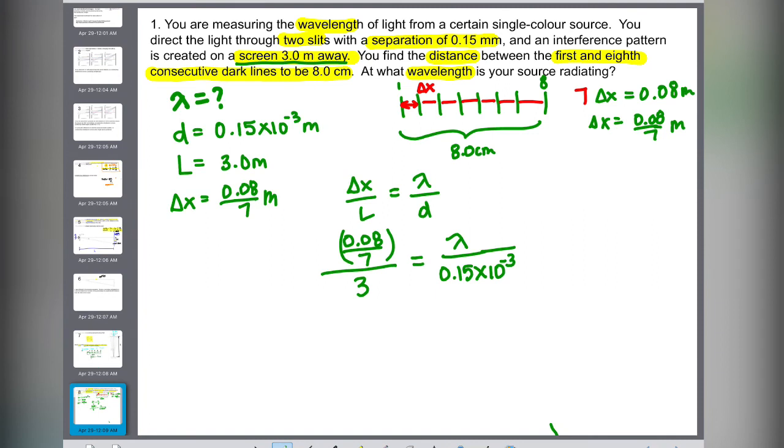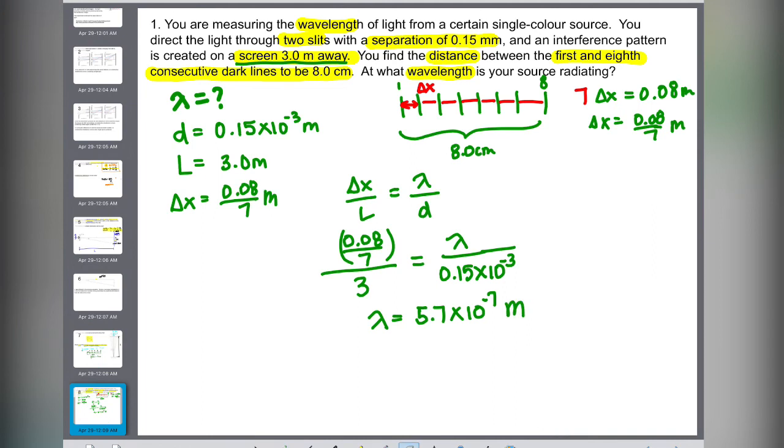So I'm going to work out 0.08 divided by 7. I'm going to multiply that by 0.15 times 10 to the negative 3 divided by 3. Lambda is 5.71. How many sig digs? 2 sig digs. 5.71 times 10 to the negative 7 meters.